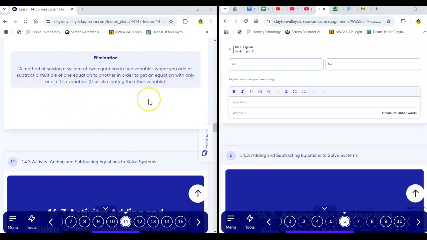So elimination is a method of solving a system of two equations in two variables where you add or subtract a multiple of one equation to another to get an equation with only one of the variables. Okay, thus eliminating the other variable for a moment.